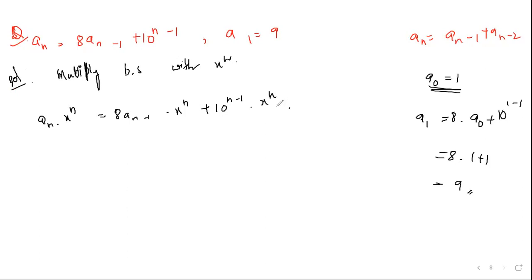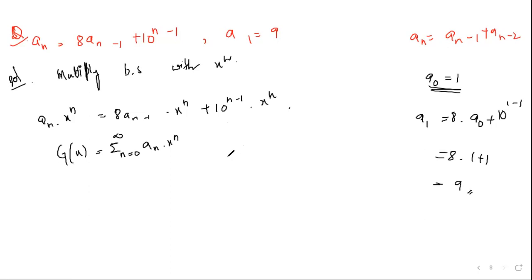Now, how is G(x) given? G(x) is given as the sum from n equal to 0 to infinity of a_n x^n, the generating function. So we get a_0, a_1, a_2 and so on, and we sum both sides of the equation by starting with 1.